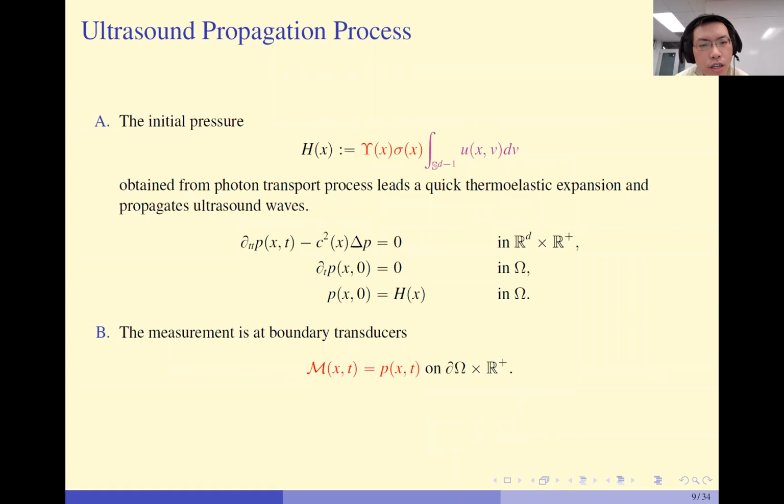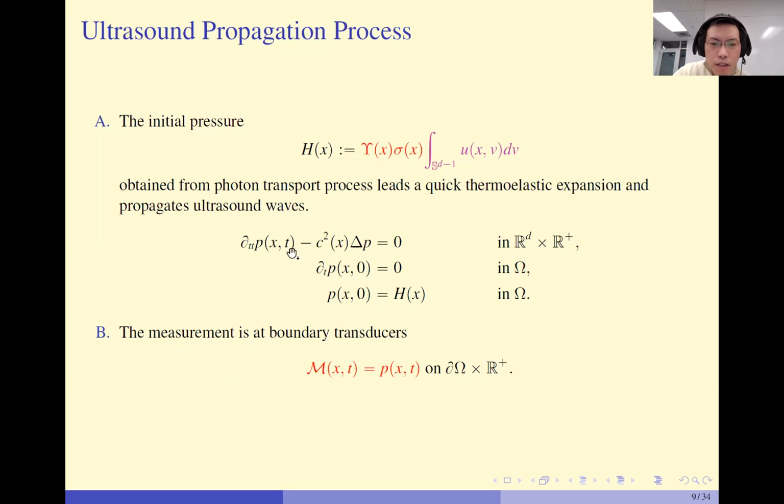Here, for simplicity, we use an acoustic model to give a rough introduction to this process. Basically, we have this acoustic model with some wave speed field, and with an initial pressure field and initial velocity field.